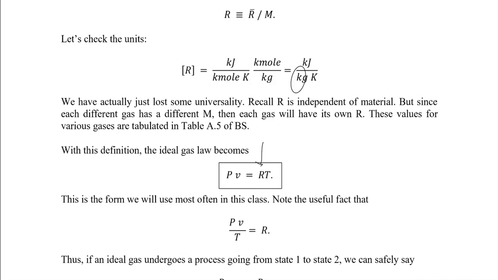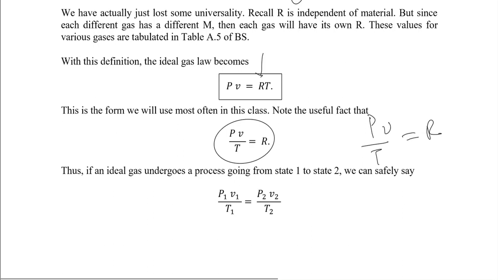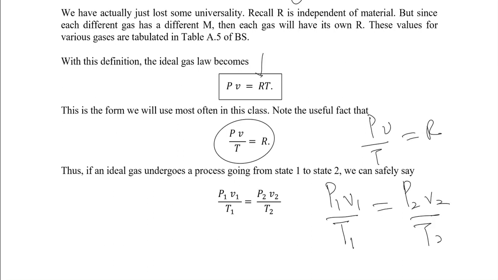In the simplest form, PV by T is equal to R, which means PV by T is equal to a constant. If I move from one state to another state for a simple gas, P1 V1 by T1 would be equal to P2 V2 by T2. That equation holds from state 1 to state 2 because R is constant.